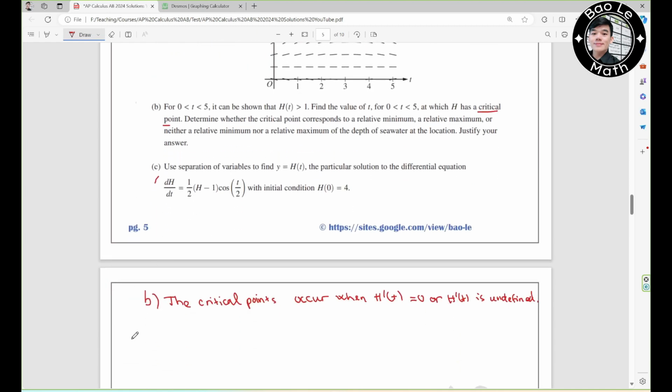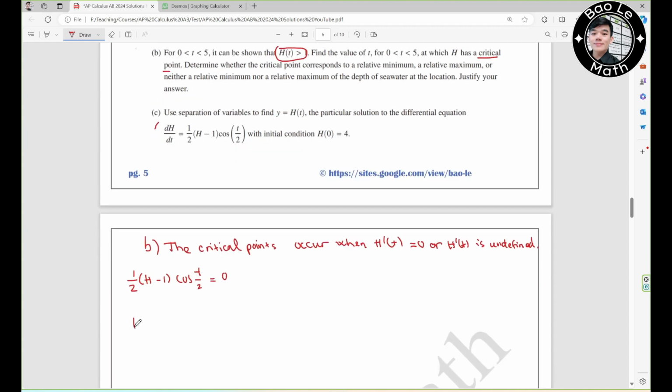So we have 1/2 (h minus 1) times cosine of t over 2 equals 0. Now, because h is greater than 1, which means h minus 1 is greater than 0, this guy multiplied by this guy equals 0 only if cosine of t over 2 equals 0.